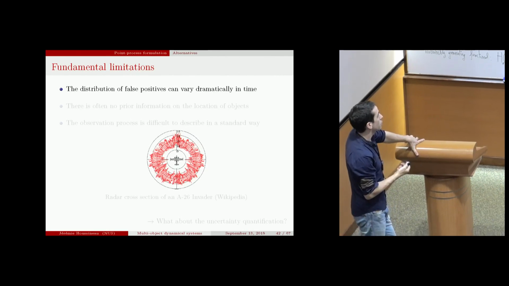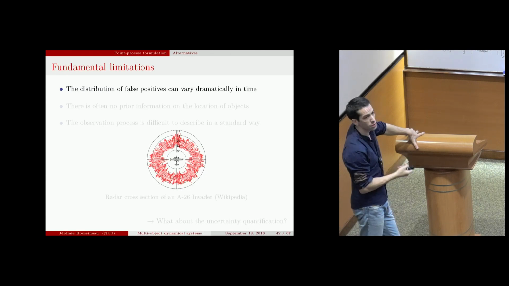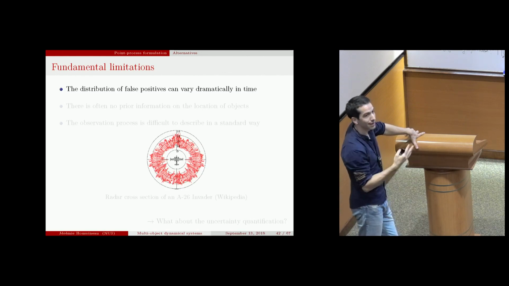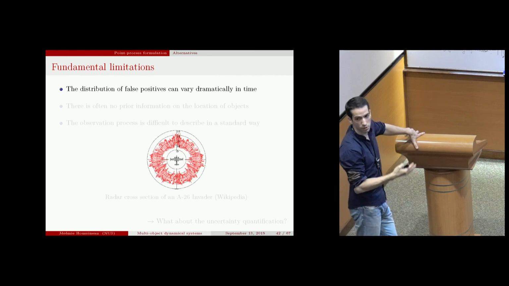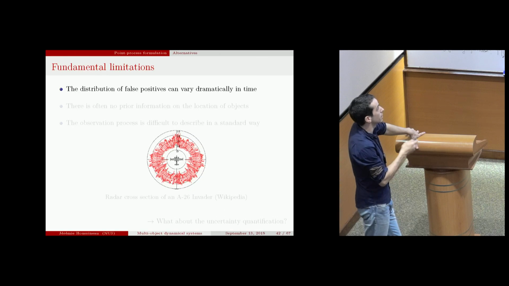So I think one of the fundamental problems with any of the algorithms I've talked about is that, in practice, we don't know the distribution of the false alarms. It's not even clear that from one step to the other it's going to be similar, so we basically know nothing about it. We don't even know that it has some regularity.